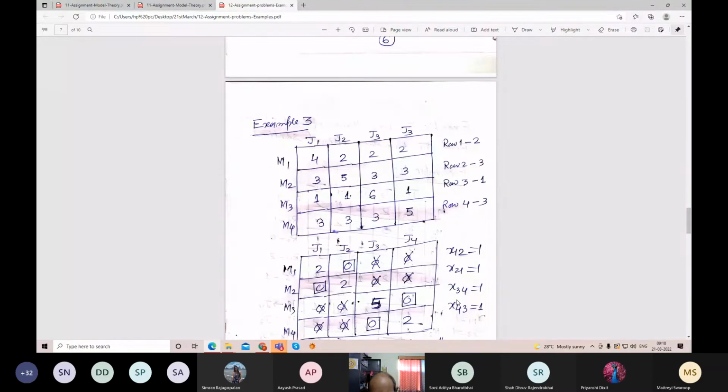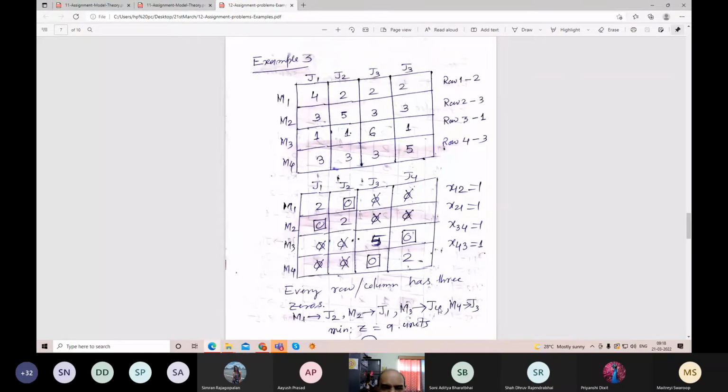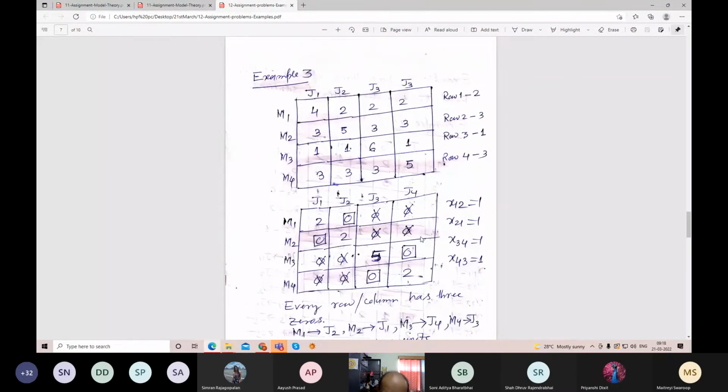The next example is like this. There are 4 machines and 4 jobs. We find the minimum in the first row, second row, third row, fourth row. The minimum in the first row is 2, second row 3, third row 1, and fourth row 3. After subtracting, we find the reduced matrix.